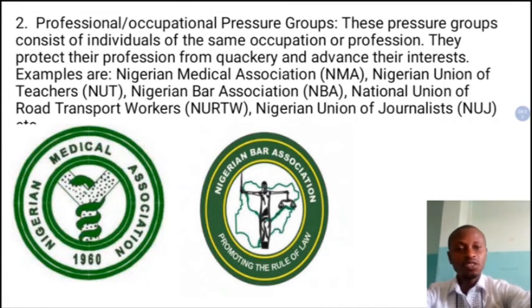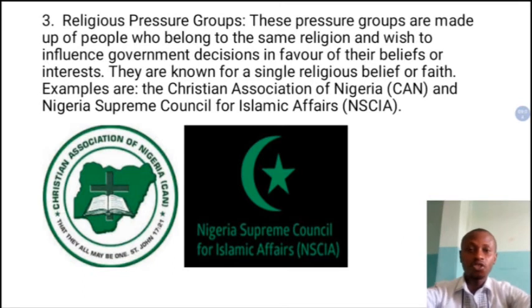Okay? Now, let's go to the third one, religious pressure groups. For religious pressure group, just as the name implies, it's made up of people that belong to the same religion, people that profess the same faith. And they have this group in order to protect their interests, the interest of their members, in order to protect their beliefs as well.